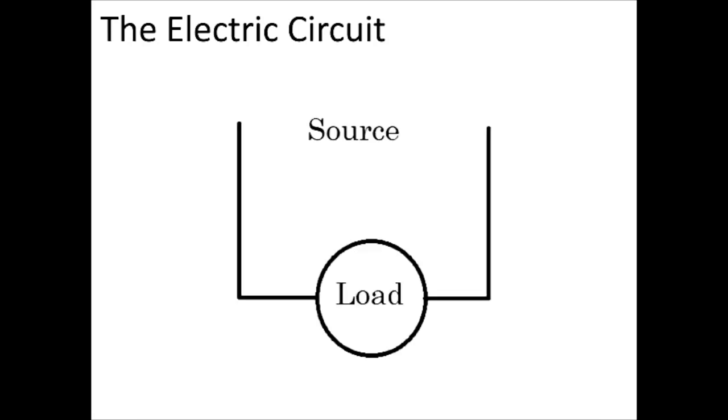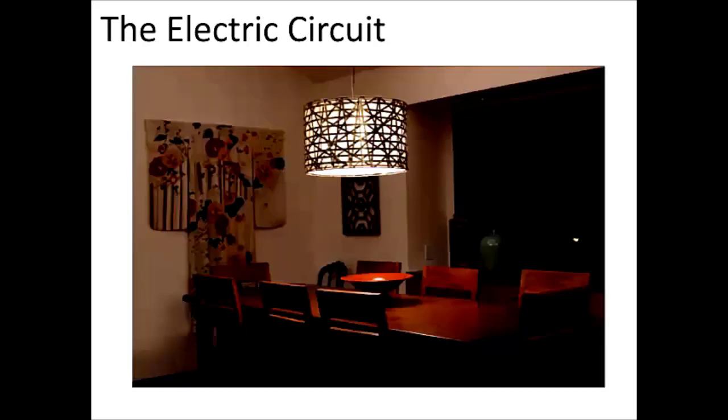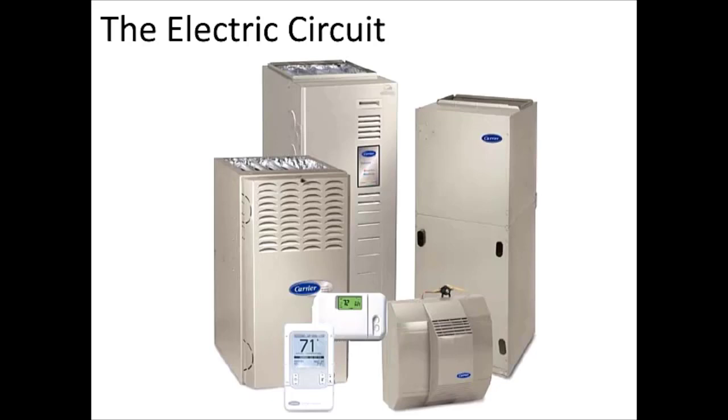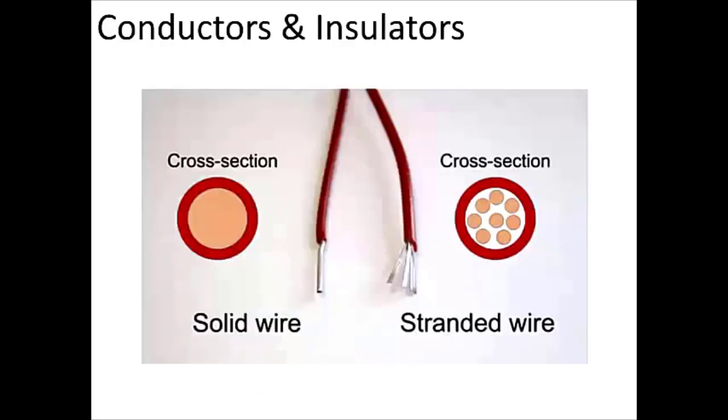So our source can be 1.5 volts, 3 volts, 9 volts, 24 volts, 120 volts, 240 volts, 480 volts, 277 volts, but there has to be a source. The pathway is the wire, switches, thermostats, and then the load can be a motor, a compressor, a light. It can be your computer, or it can be the HVAC equipment.